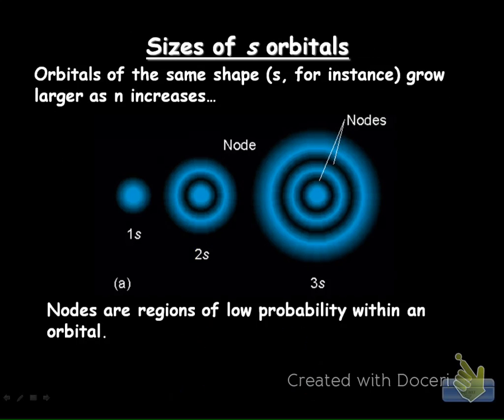So looking at what the implications are for this, here is the idea of what the S orbital looks like. It's roundish, spherical shaped, but in between you have these nodes, and in these node regions, electrons cannot exist.